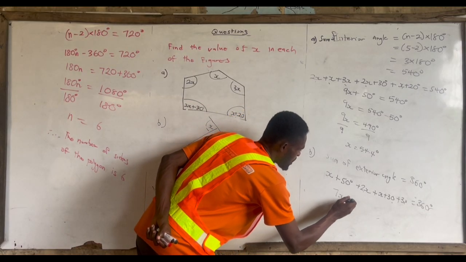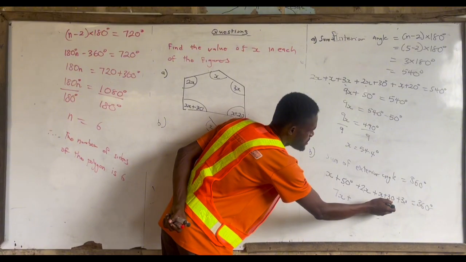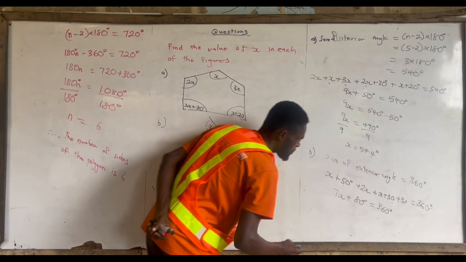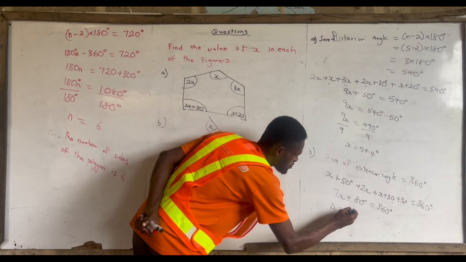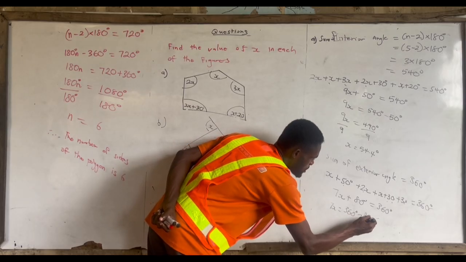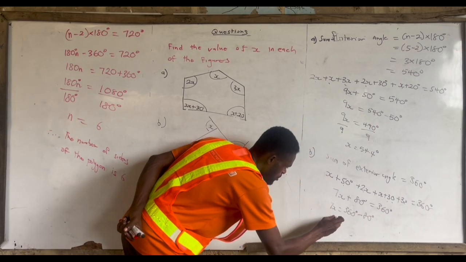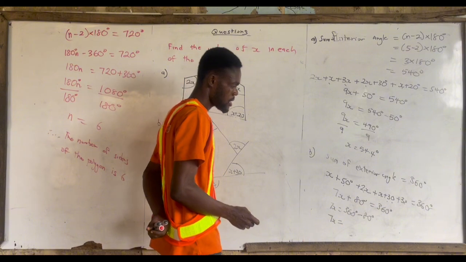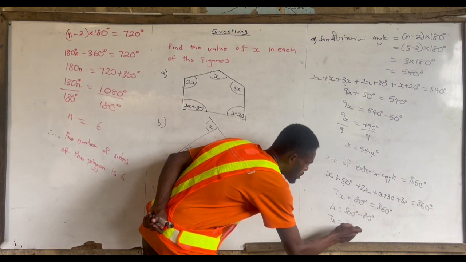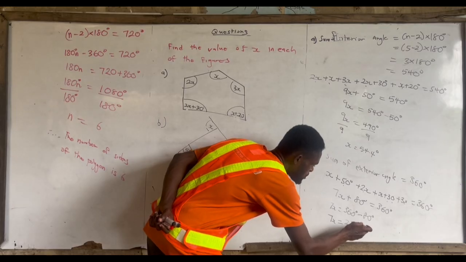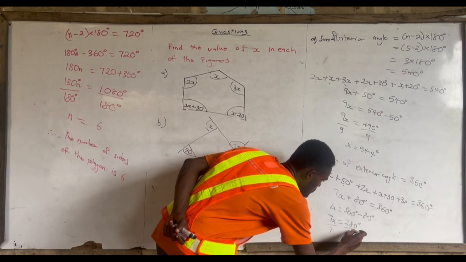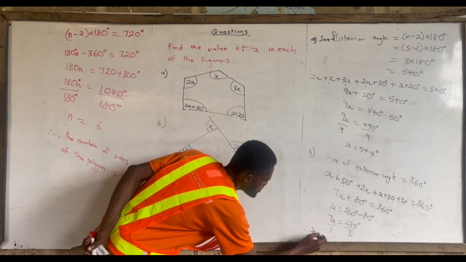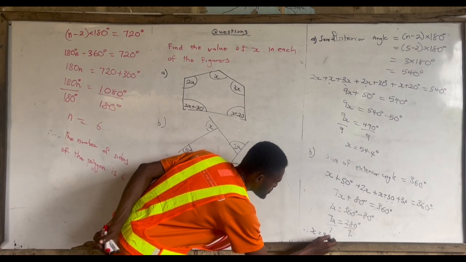So we have 7x plus 50 degrees plus 30 degrees, which is 80 degrees, equal to 360 degrees. So 7x is equal to 360 degrees minus 80 degrees, which is 280 degrees. You divide both sides by 7. Then we have x equal to 40 degrees.